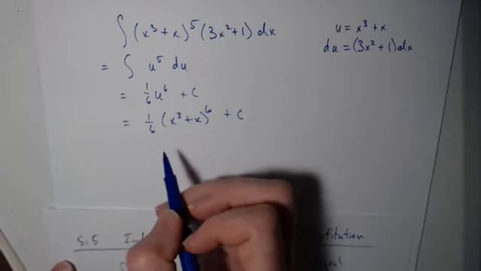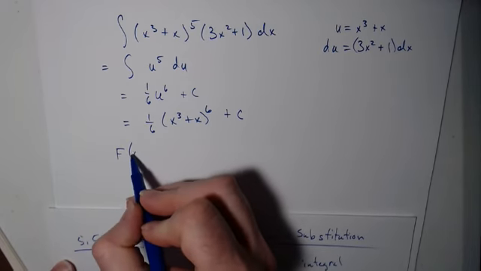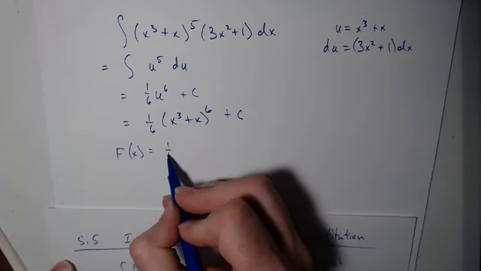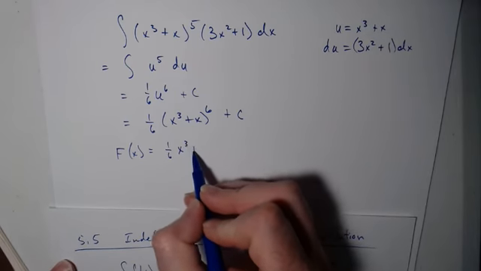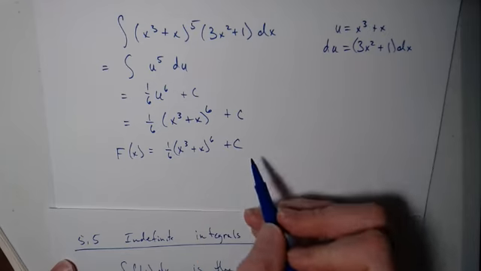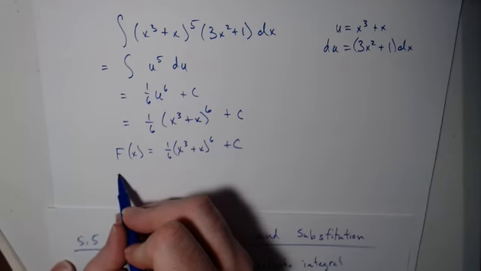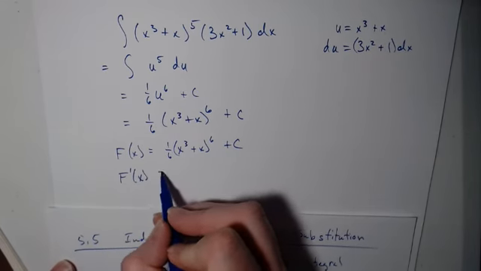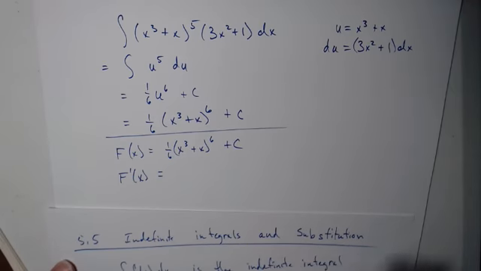Now if I start with f of x equals 1/6 x cubed plus x to the 6th plus c, and I take the derivative of this. Now, that was the end of the problem, just to clarify.